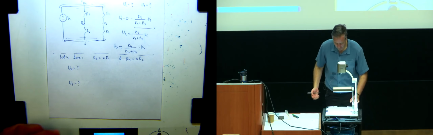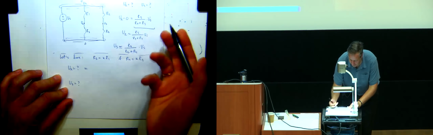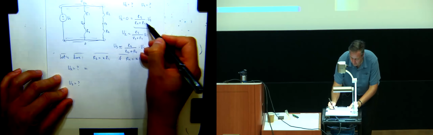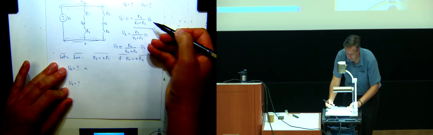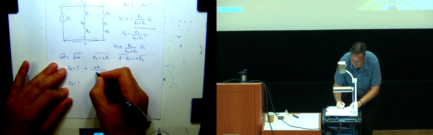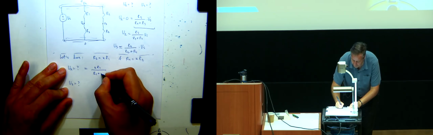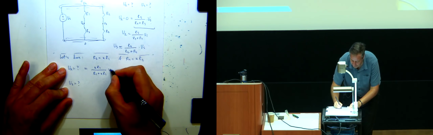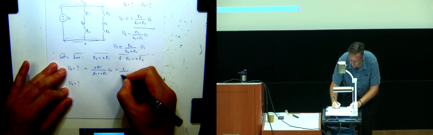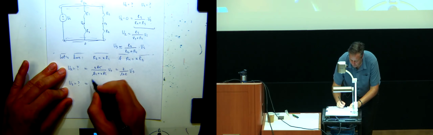Okay, so let's just work it out. Yeah, it's correct what you said. So we were just plugging into this formula here, KR1, that's our R3, over R1 plus, again, we substitute KR1 for R3, times Vs. And then R1 goes away, so we get K over 1 plus K times Vs. And then the same deal is for this one.